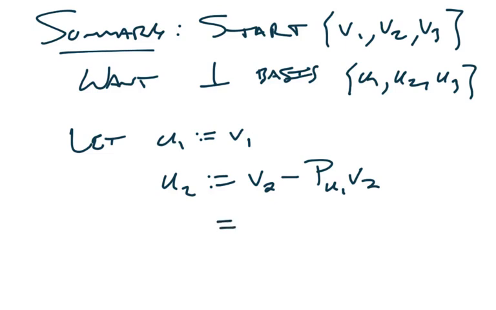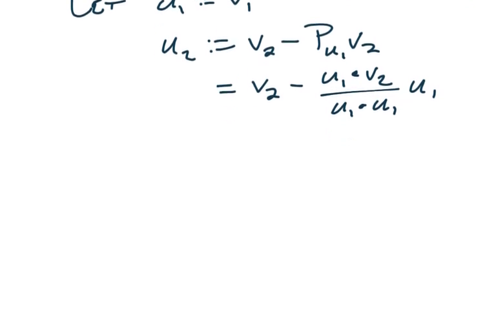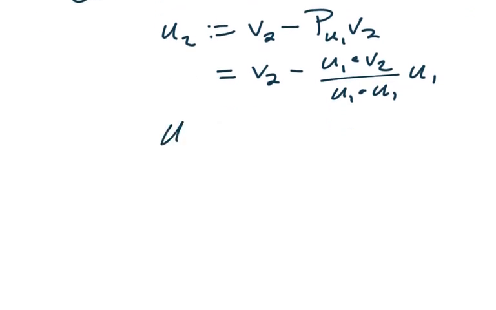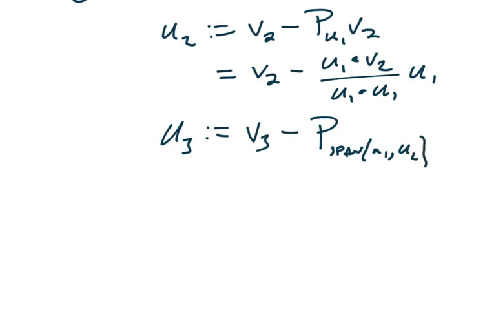If you want to write this out in more detail, this, of course, is U1 dotted with V2 over U1 dot U1 in the direction of U1. And U3 now is going to be V3 minus the projection onto the span of U1 and U2, which is that plane that I was calling S for brevity, of V3 itself.